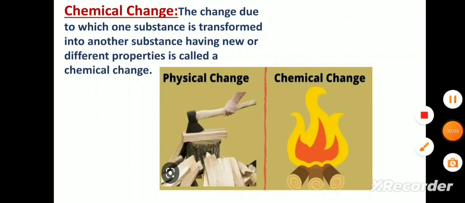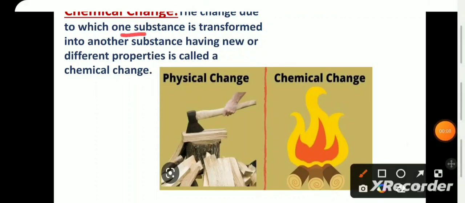The change due to which one substance gets transformed or changed into another substance having new or different properties is called chemical change.